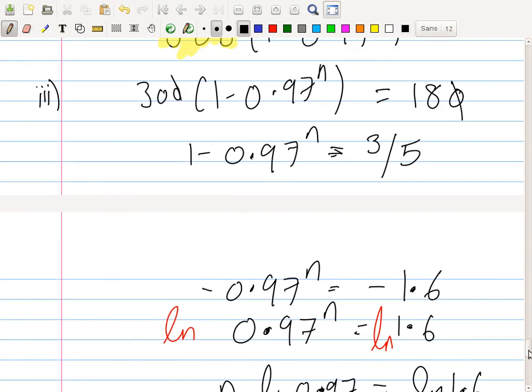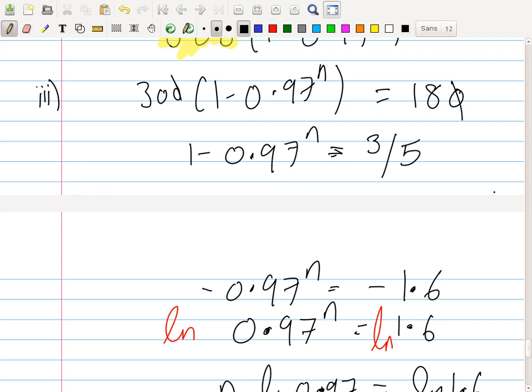Yes, you saw my mistake? 3/5 minus 1 is 8/5, isn't it? And 8/5 is 1.6, isn't it? Is it minus? It's minus 2/5. Oh! 3/5 minus 1, that's minus 2/5.